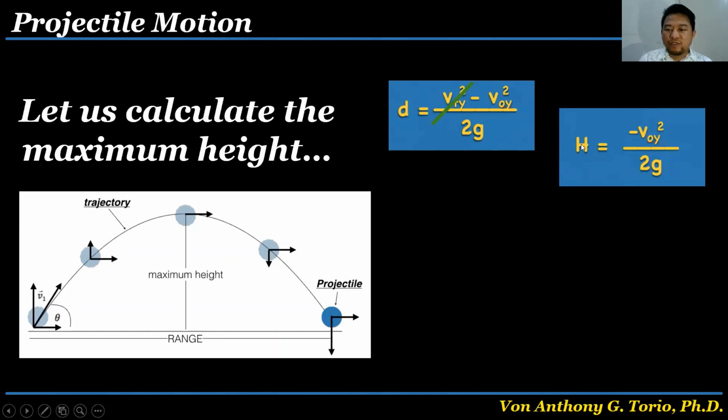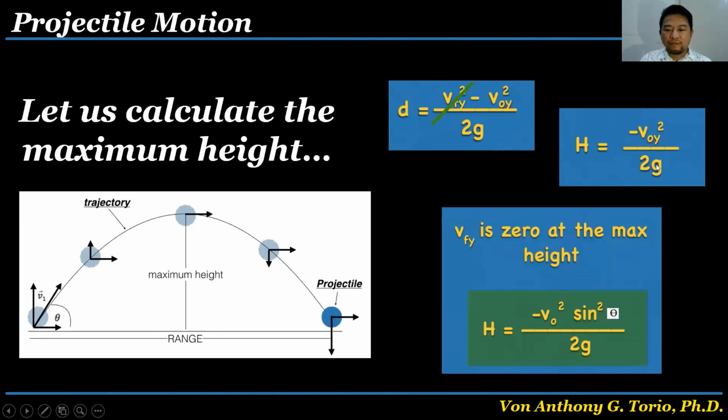Different references would use different symbols or notation for expressing the quantities that they are expressing. And in this case, maximum height is h. And that's equal to negative v naught y, or that's the component of the initial velocity along y squared all over 2g. There. And again, we can express our v naught y to be equal to v naught sine theta, and that's what we have here.